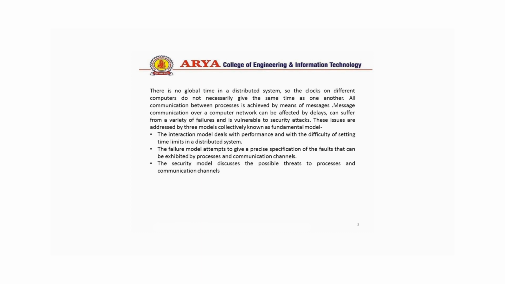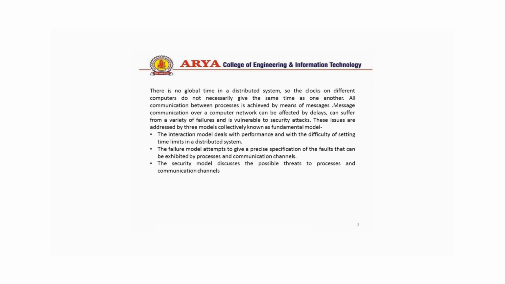All communication between processes is achieved by means of messages. Message communication over a computer network can be affected by delays, can suffer from a variety of failures, and is vulnerable to security attacks. These issues are addressed by the three models collectively known as fundamental model. So fundamental model is going to address all these three issues.